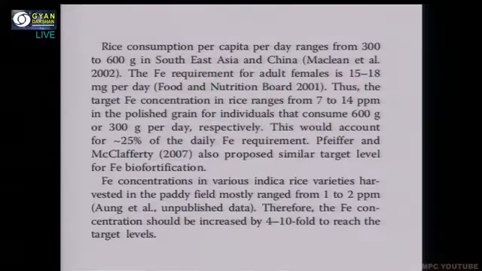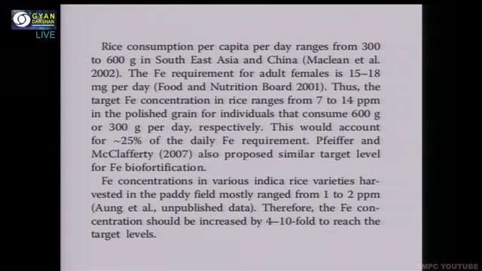If you see, rice consumption per capita per day ranges from 300 to 600 gram in Southeast Asia, and the iron requirement for an adult female is 15 to 18 milligram per day. The target iron concentration in rice ranges from 7 to 14 ppm in the polished grain for individuals that consume 600 gram or 300 gram per day respectively.